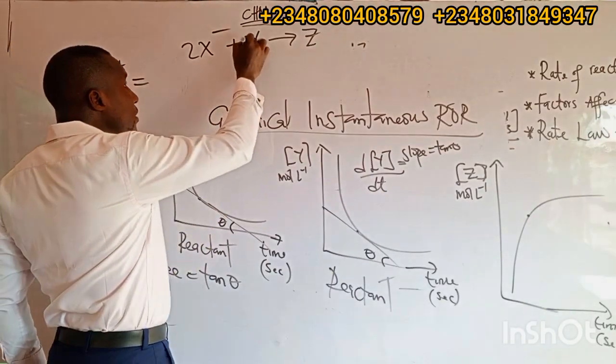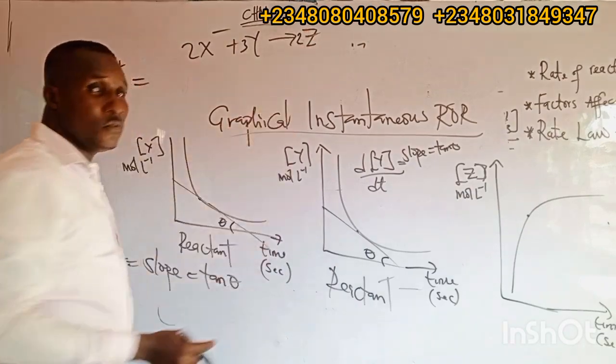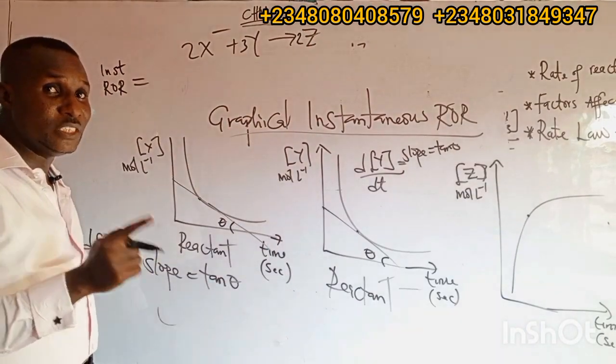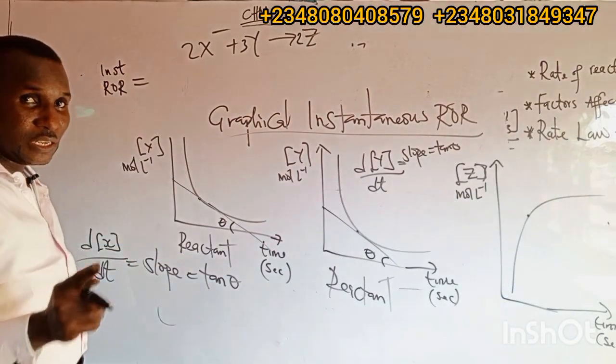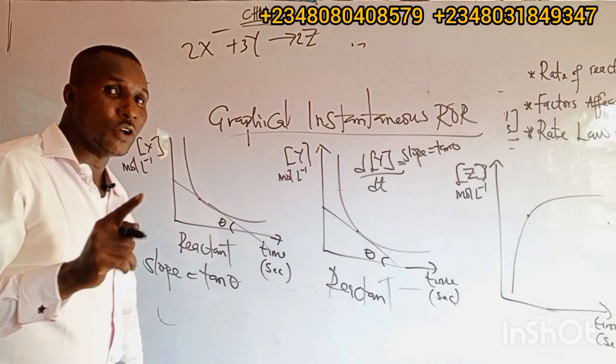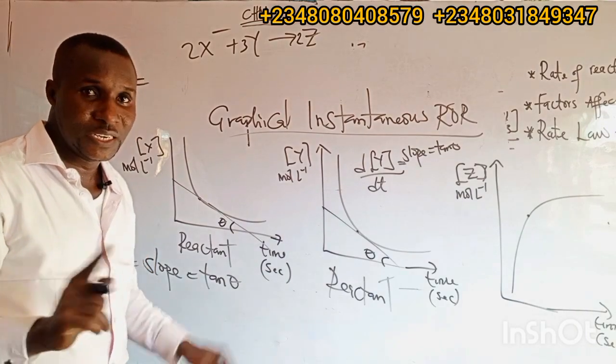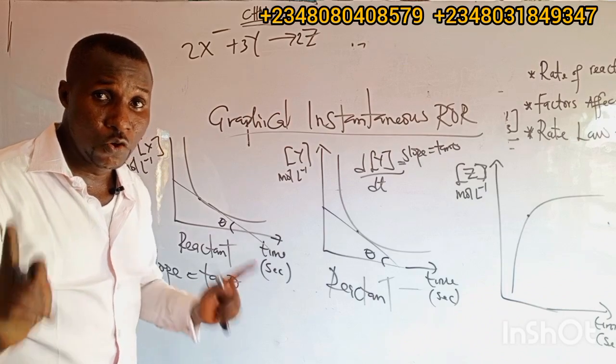Let me put 3 here, let me put 2 here. It's only for the rate of appearance or disappearance that we don't need the stoichiometric coefficient.